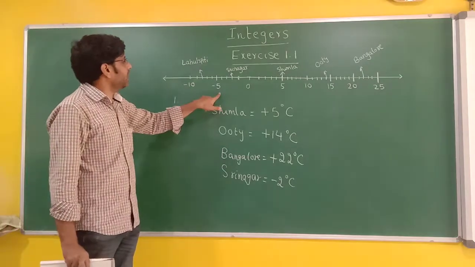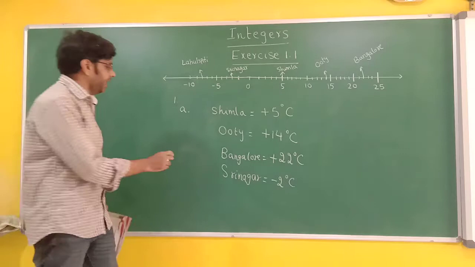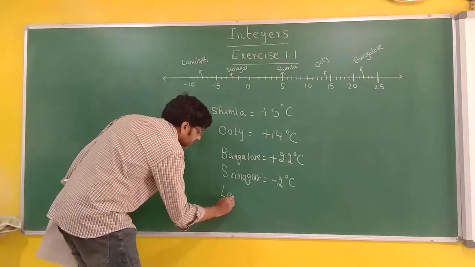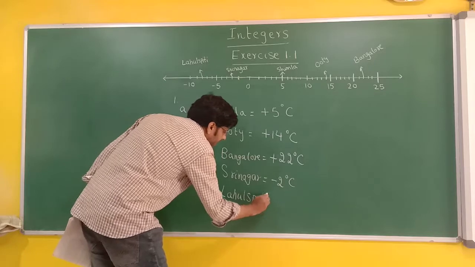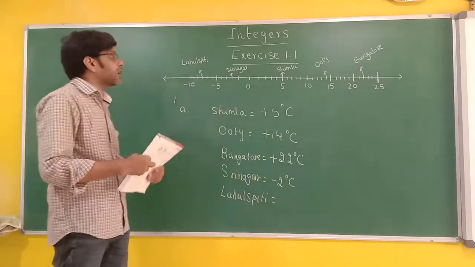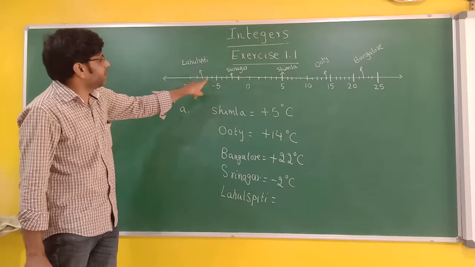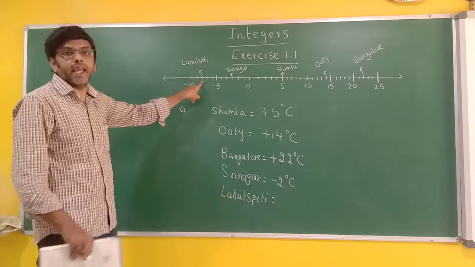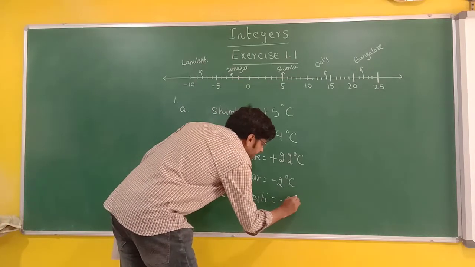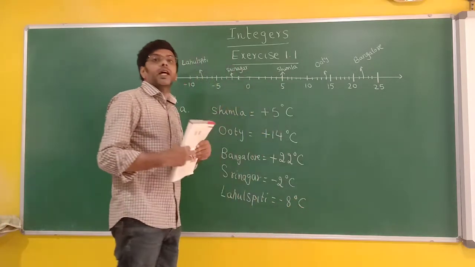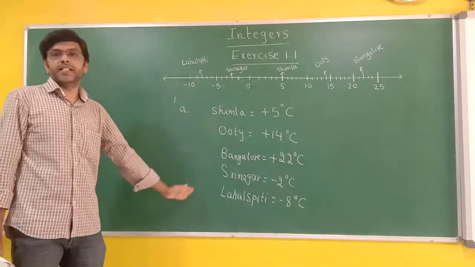Next, temperature recorded in Lahore, Spiti. I am writing the name. What is the temperature recorded in this city? See here, -5, -6, -7, -8. So, these are the temperatures recorded on that particular day in different cities, 5 cities.